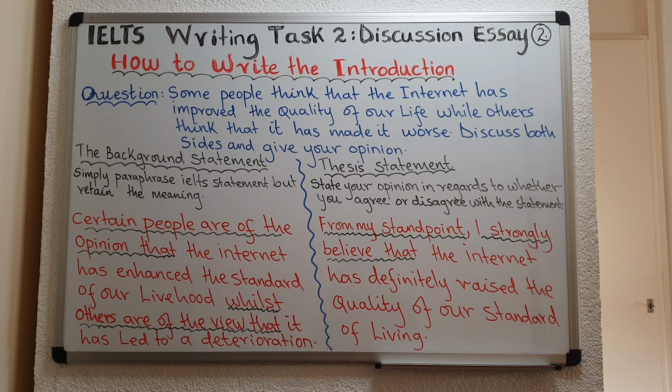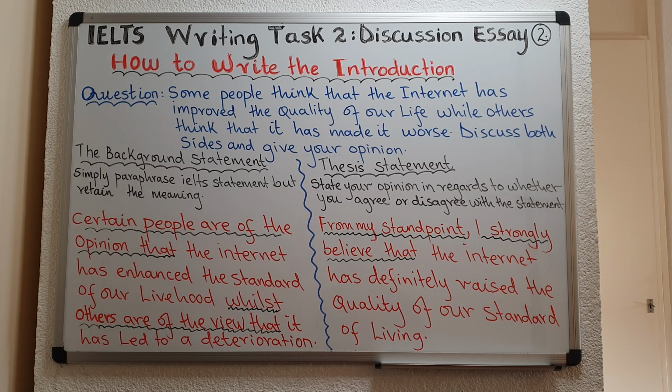Grammar. Now, Academic Writing Task 2 is a formal essay. You could also get common types of essays such as an opinion essay, a discussion essay, advantage, disadvantage essay, and so on.